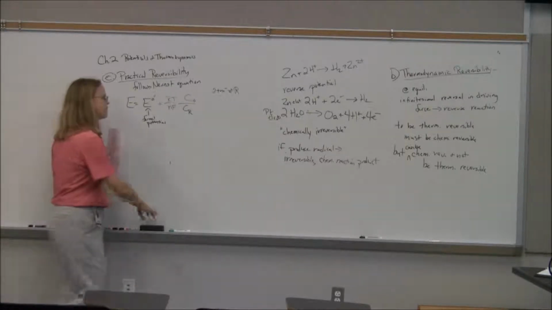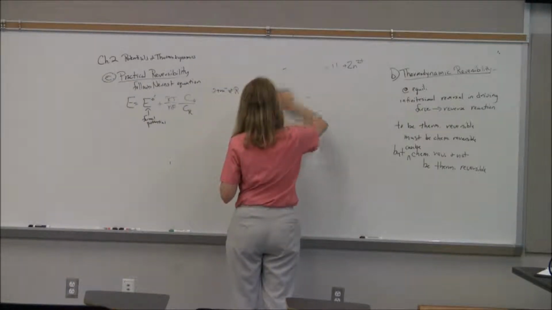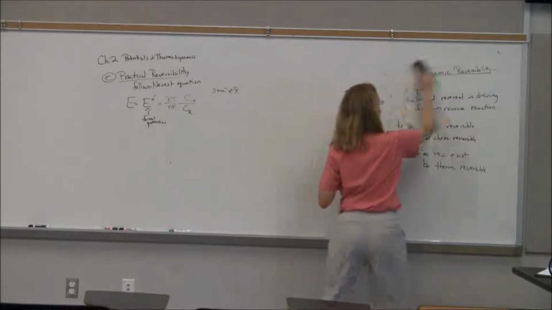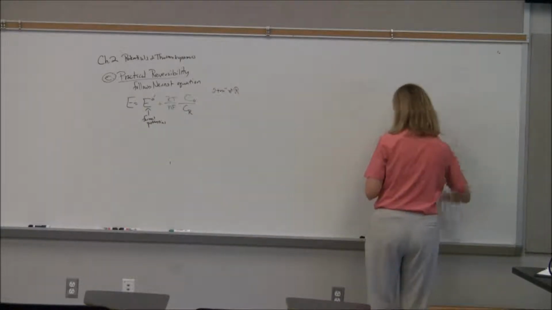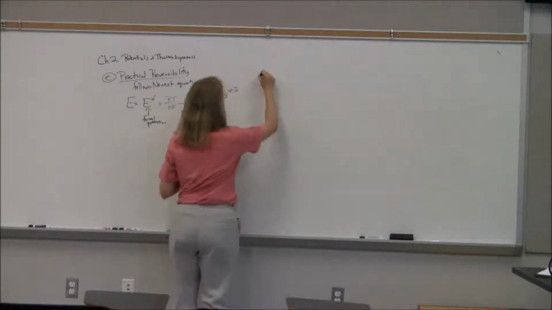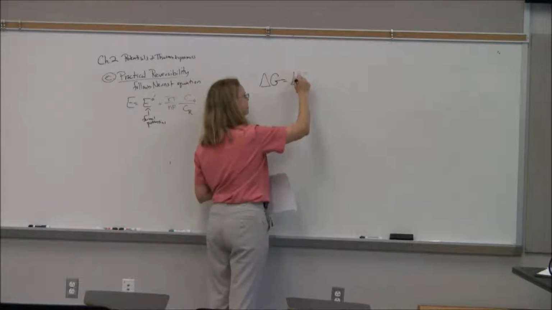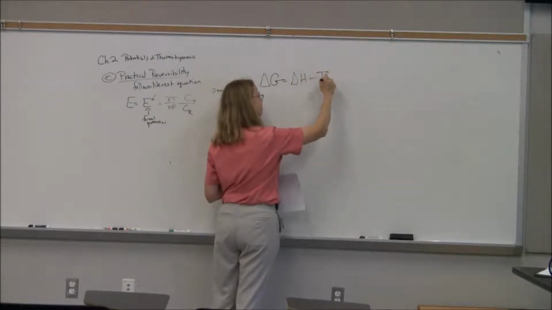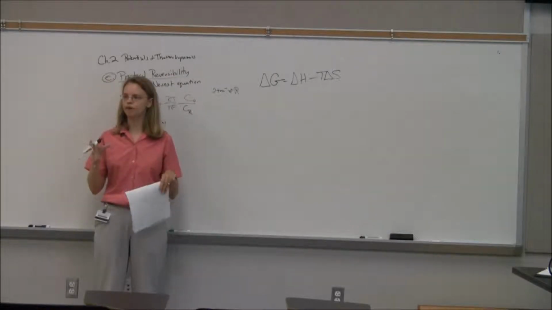Okay, so let's talk thermodynamics for a minute. When you took P-Chem, maybe not everybody's taken P-Chem, you learned this definition of delta G. So that should look really familiar, hopefully.